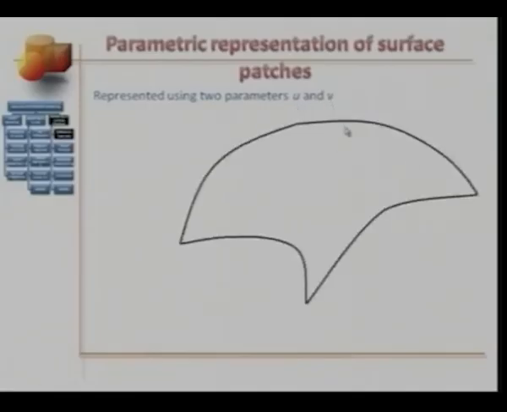Let's first try to understand how we can mathematically represent a surface patch. If you recall, we have been working with parametric equations. A curve segment, as you would know, is represented using a single parameter. But a surface patch needs to be represented using two parameters, u and v. This is a typical surface patch.